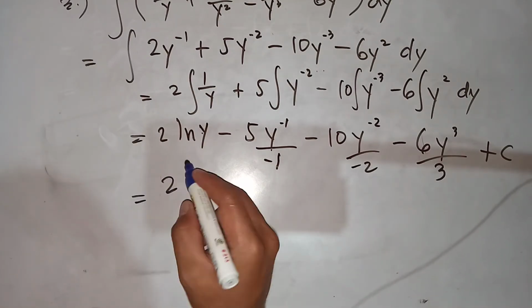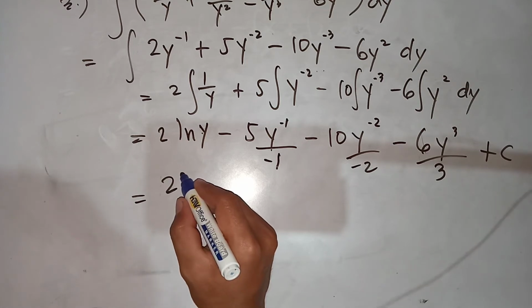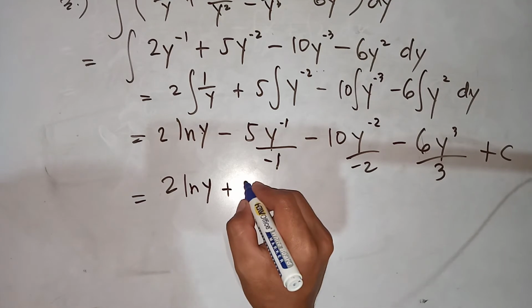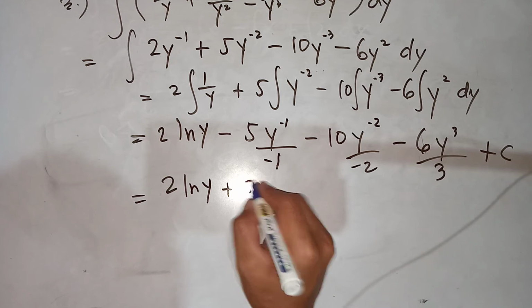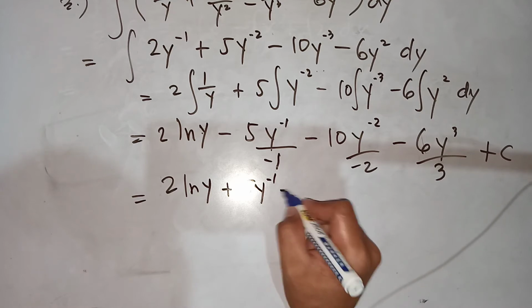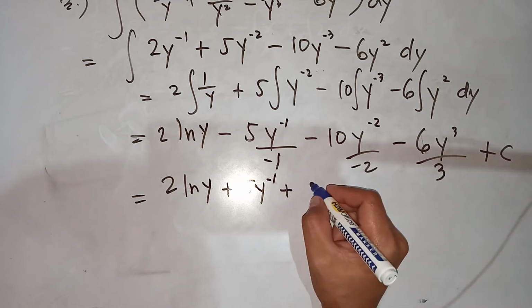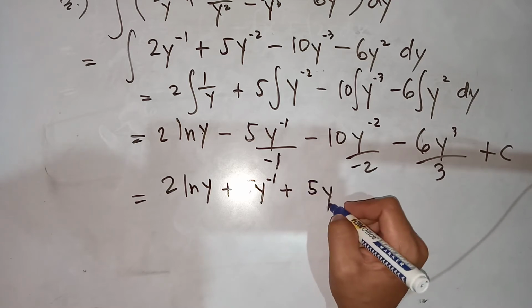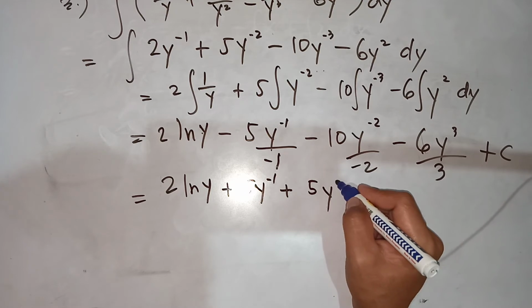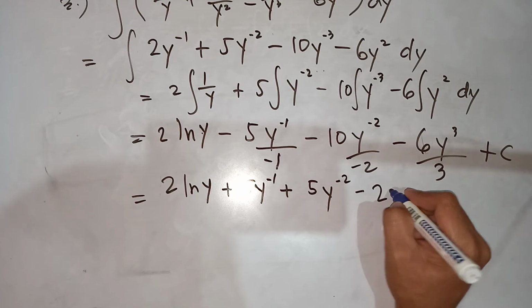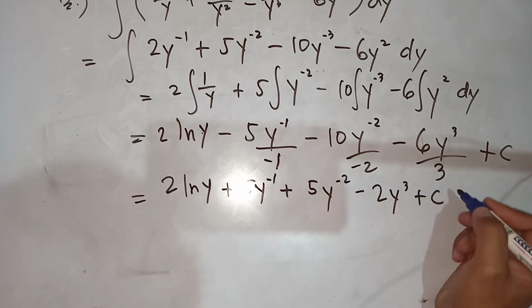This becomes 2 natural log of y plus 5 y inverse plus 5 y raised to negative 2 minus 2 y cubed plus c.